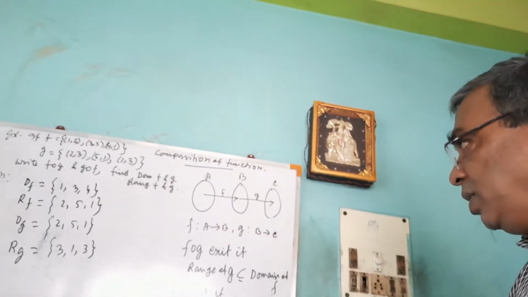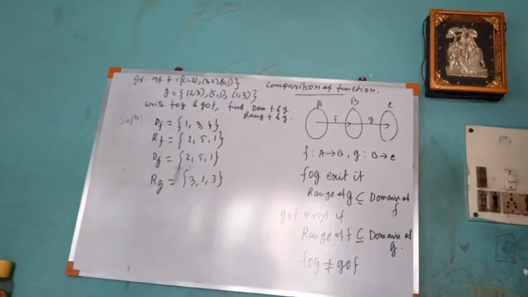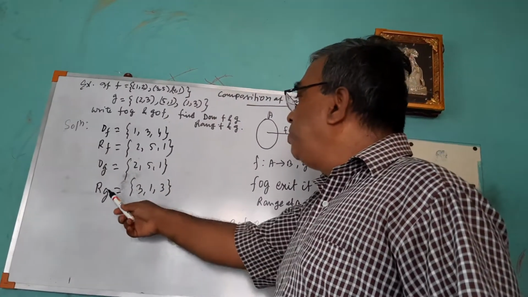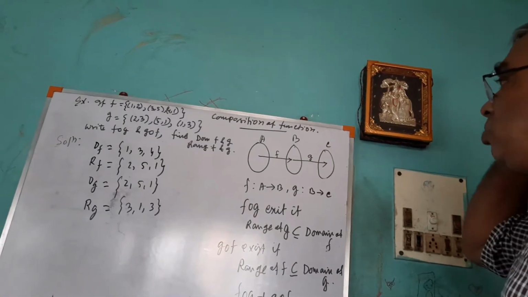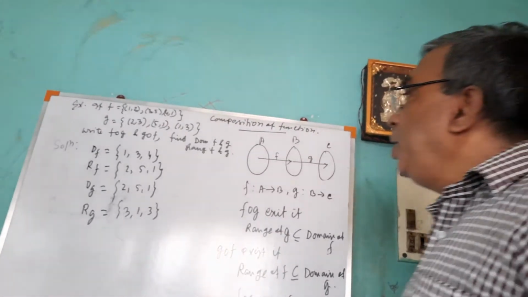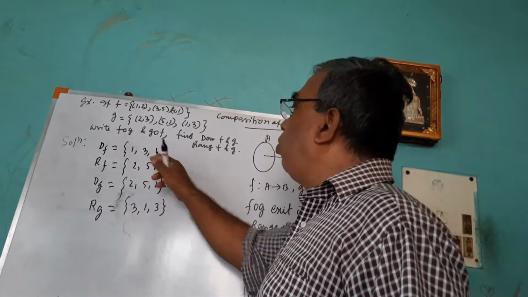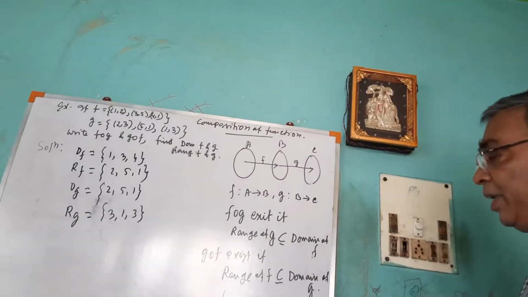Okay. So range of G is 3, 1, 3, and domain F is 1, 3, 4. Now you see, very interesting.